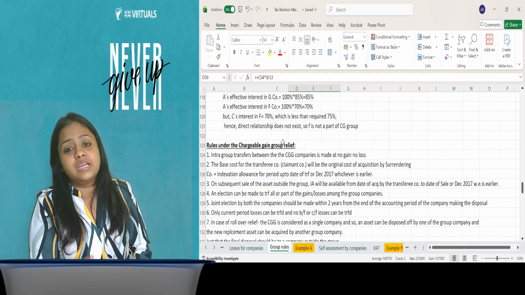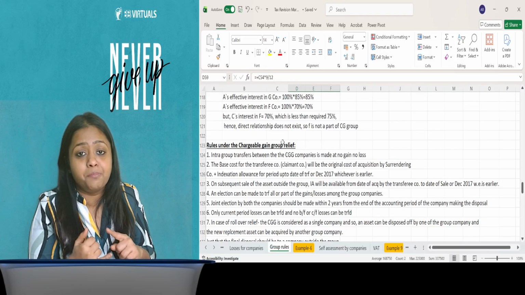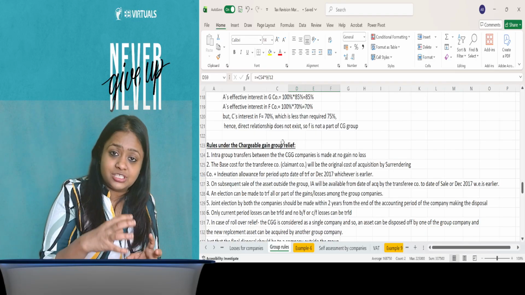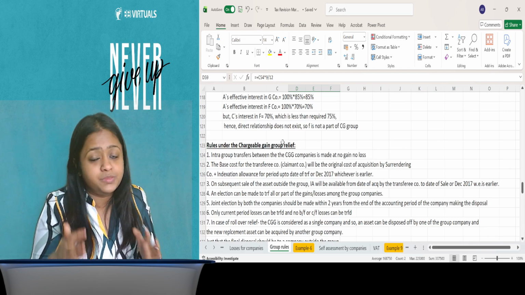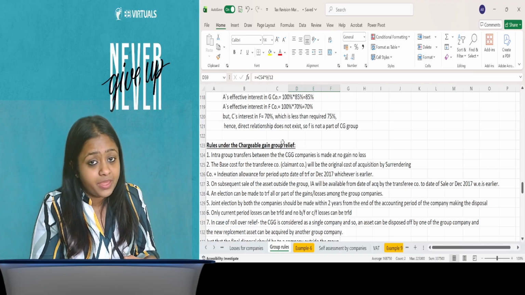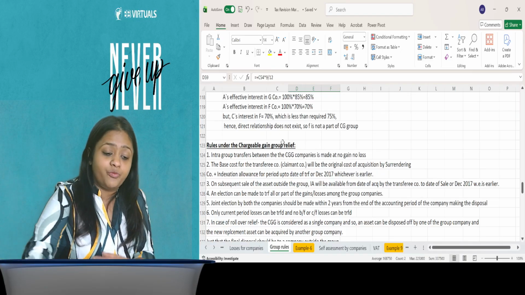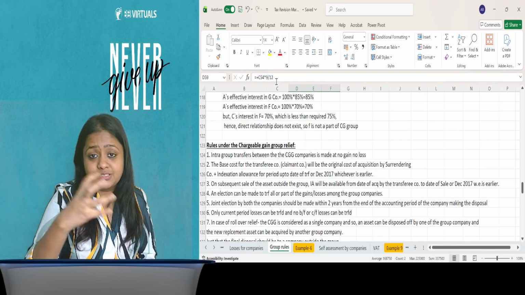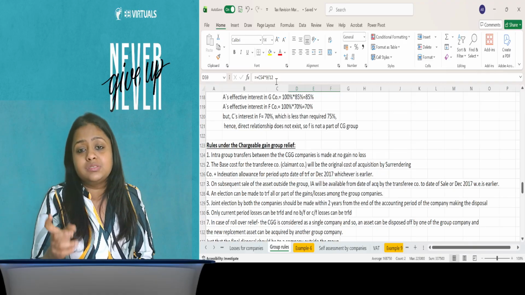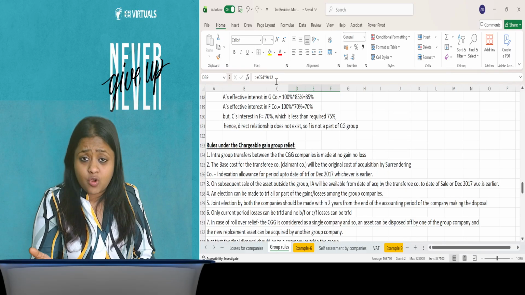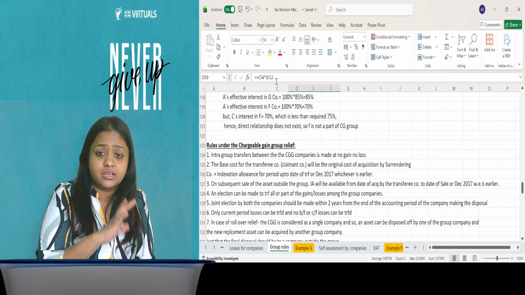The few rules that we need to understand here: number one, when chargeable assets are transferred between the two companies in the CG group, they are done at no gain, no loss. And in future, when the company that has received the asset sells off the asset, then it will use the cost to the original company.